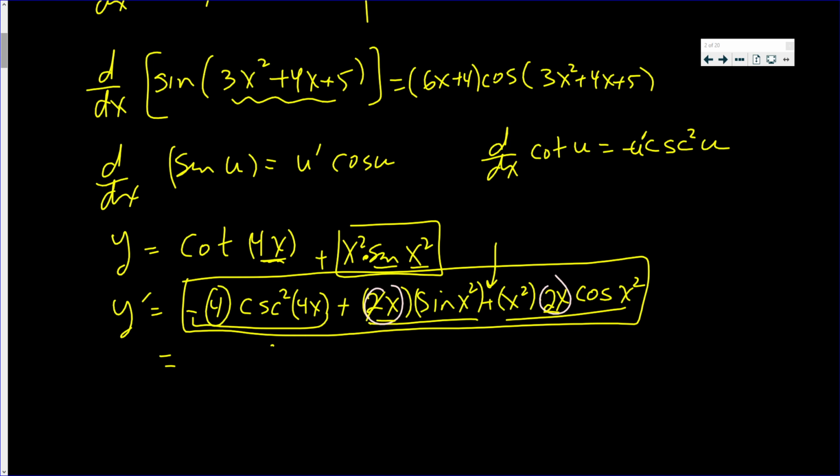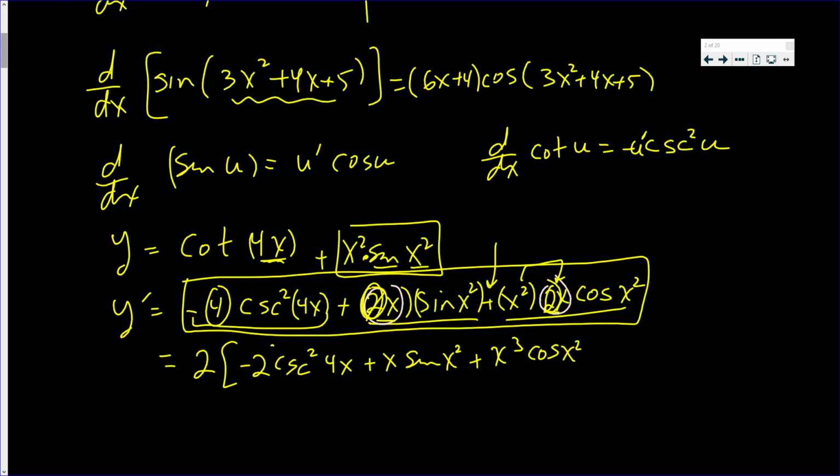I can factor out a 2 from there, a 2 from here, and a 2 from that term. So I get 2 times negative 2 cosecant squared of 4x plus x sine of x squared plus x squared times x, that's x cubed, cosine of x squared.